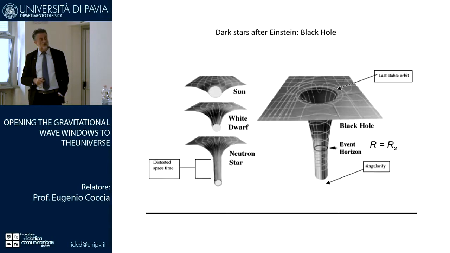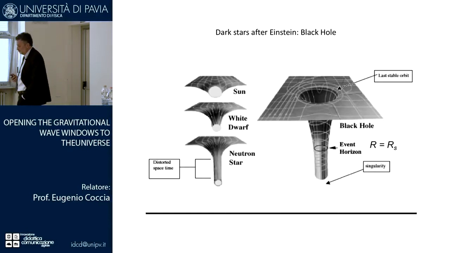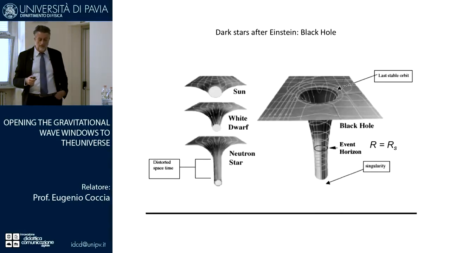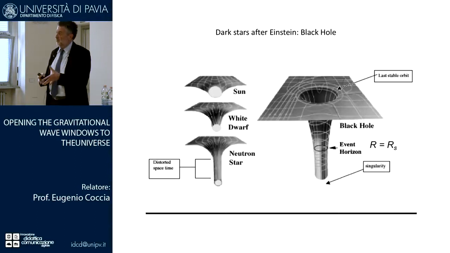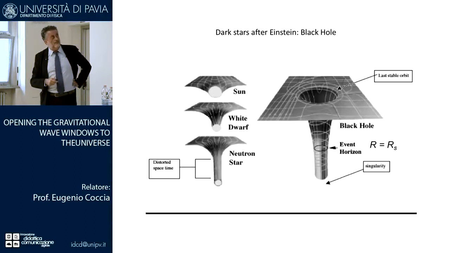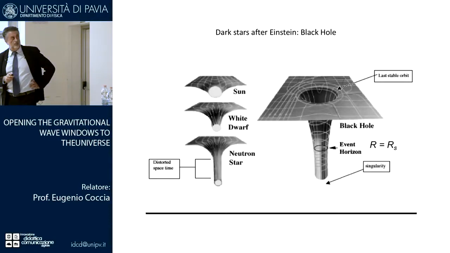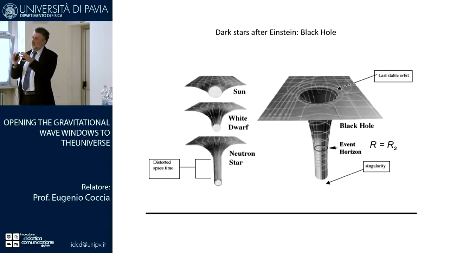You can think of white dwarfs, neutron stars, or black holes, which are the objects that are also the strongest gravitational wave sources. And for each of these objects, you can think of a certain deformation in space-time. Now, the black hole is the extreme object in which the gravity on the surface is so strong that not even a photon can go out.